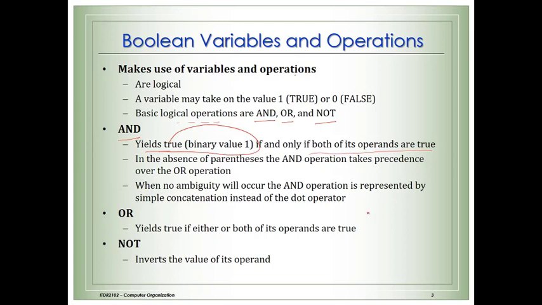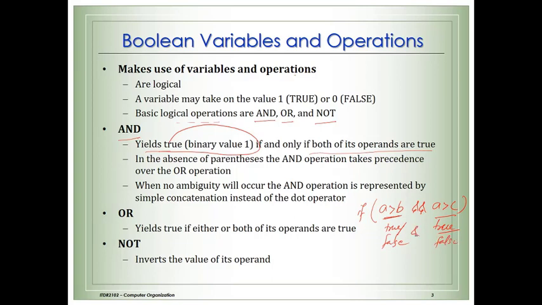Like in a programming course, you might have written some if statement, for example, A is greater than B and A is greater than C. This is a relational operator. It gives you the value true or false. Very similar to that, this logical operation will also give you the value true or false.